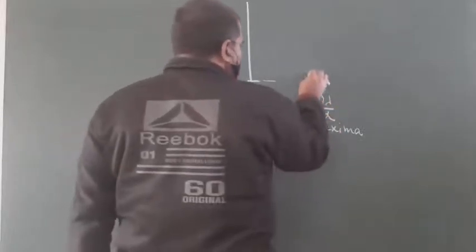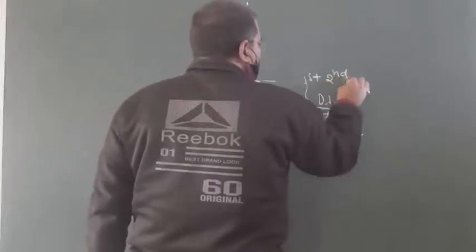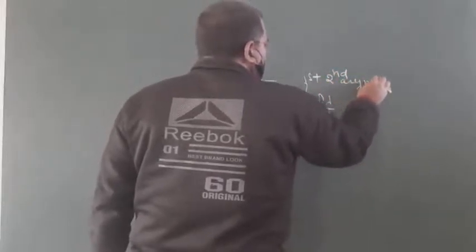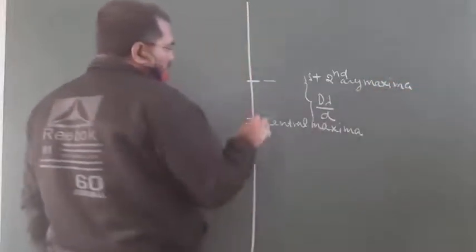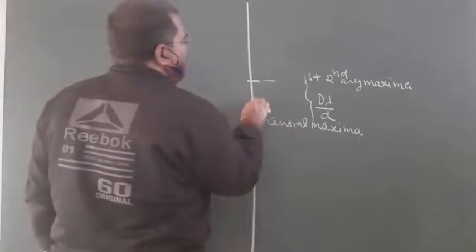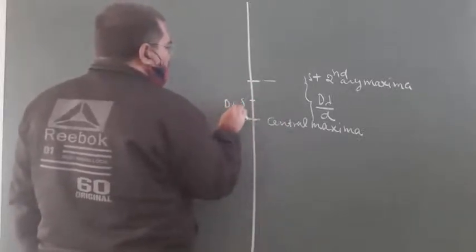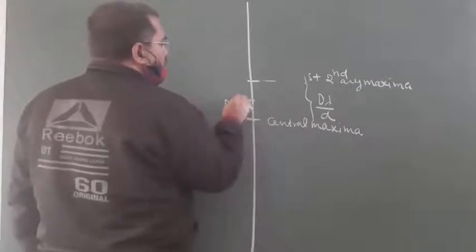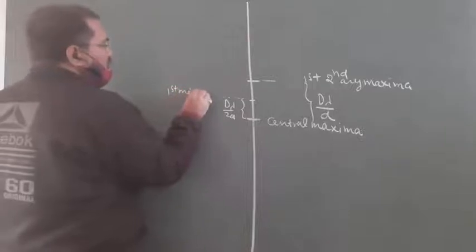This is the first secondary maximum. At half wave, that is this point, you will get d lambda by 2d. This is the position of the first minimum.